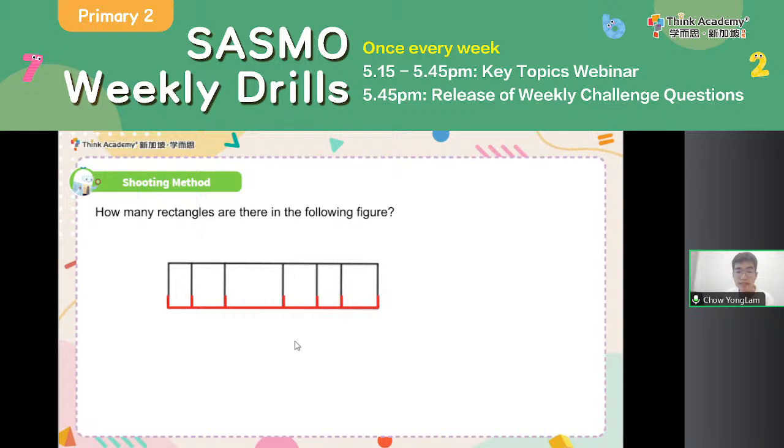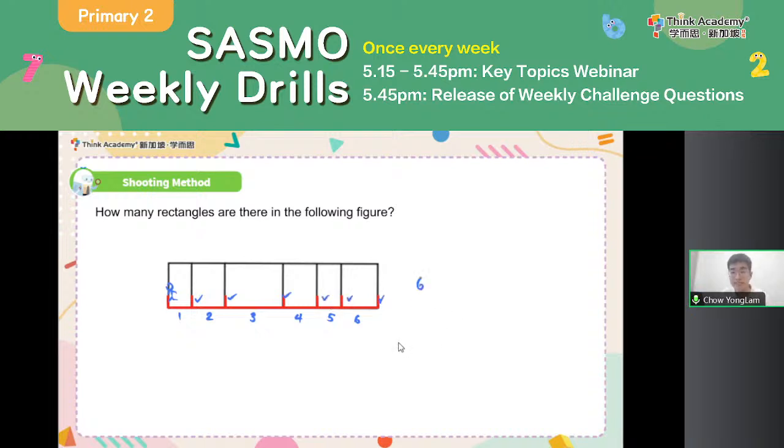Shooting method, we label the segments first. We have 1, 2, 3, 4, 5, 6. 6 line segments. And if I use the shooting method, actually there is a pattern. If I stand on the far left and I shoot to the right, I can shoot to 1, 2, 3, 4, 5, 6. 6 places.